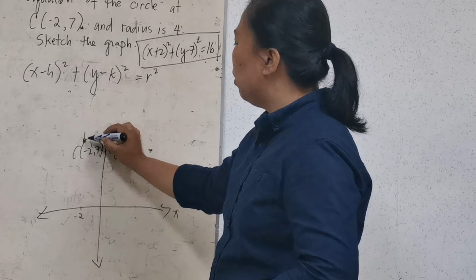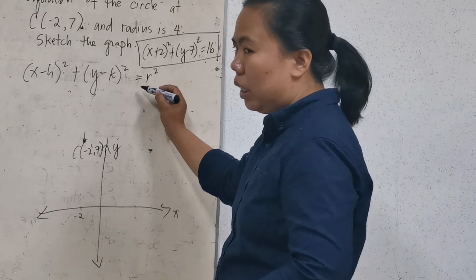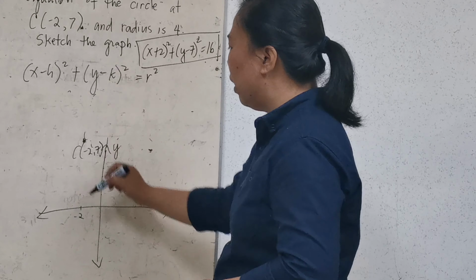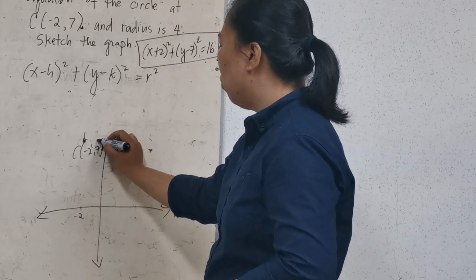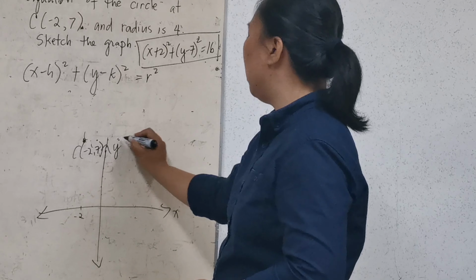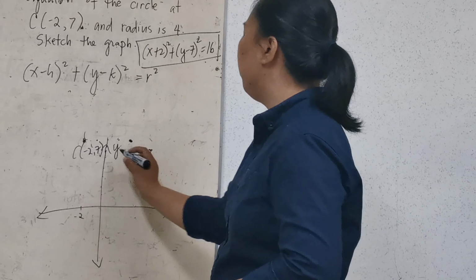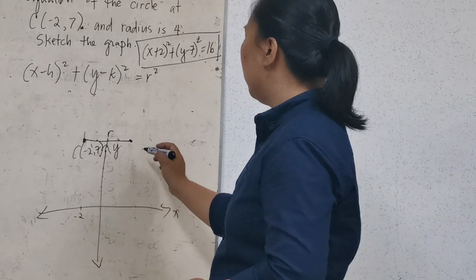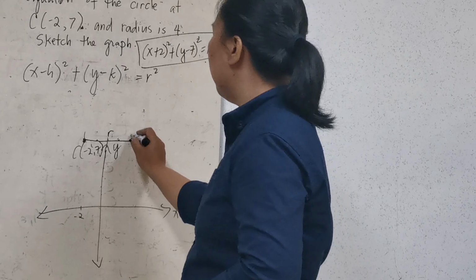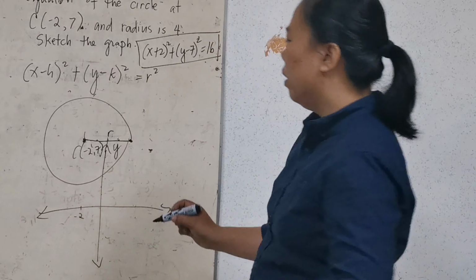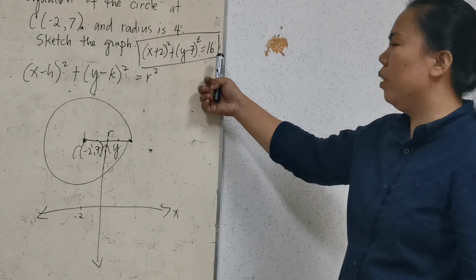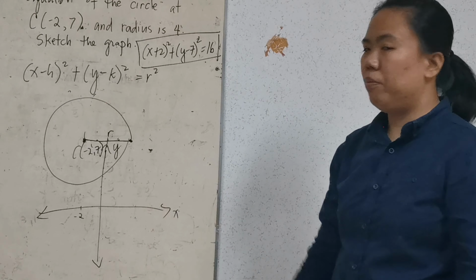So don't count diagonally. Just count it either horizontal or vertical. 1, 2, 3, 4. This is our radius. Then form a circle. So this is the equation, and this will be the graph.